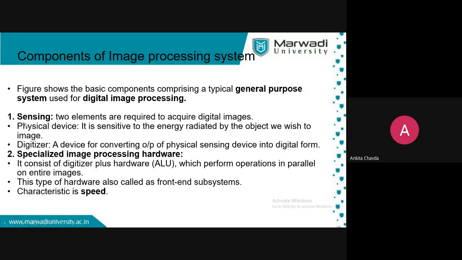So we need the physical device as well as the digitizer, which will convert your image into digital form. Very easy. The name itself says digitizer, convert into digital. Then specialized image processing hardware. It is like the ALU. It consists of digitizer plus hardware. So nowadays all devices you can call digitizers, yes or no?